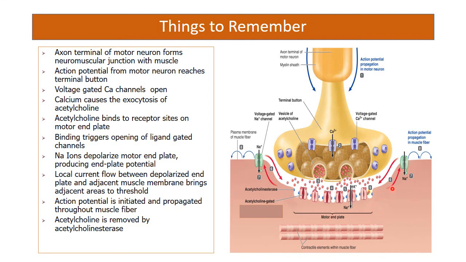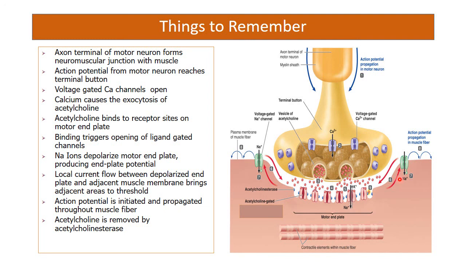Here you can see the end plate potential. Now this local current flow between the depolarized end plate and the adjacent muscle membrane brings adjacent areas to threshold by opening, yes, voltage gated sodium channels.